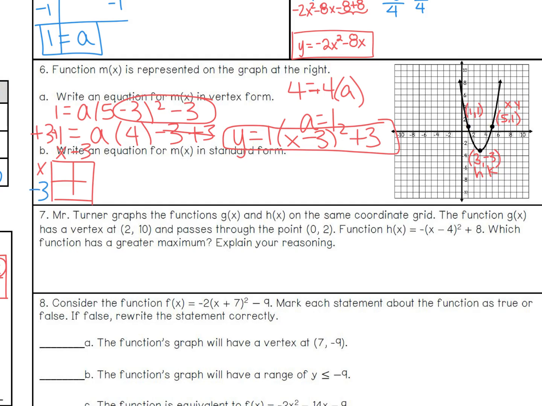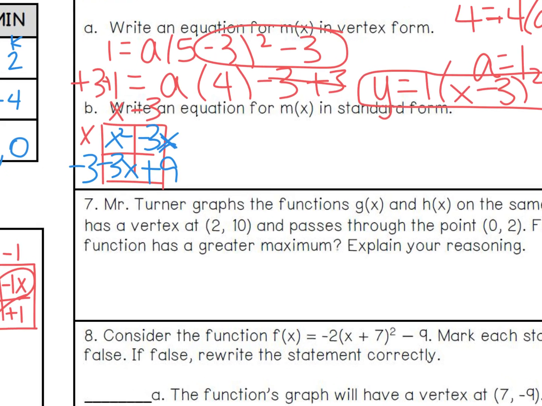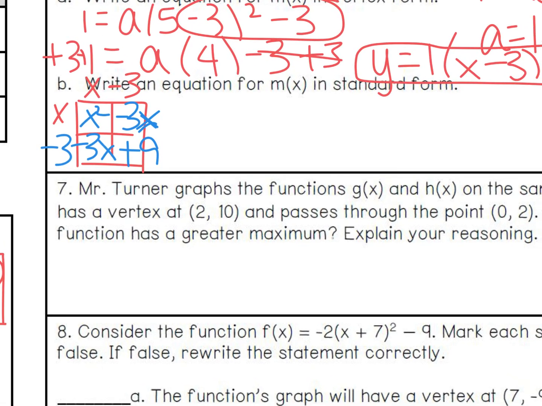Oh, I changed color on accident, sorry. X squared minus 3x plus 9. Plus 9. So I have y equals, I don't need to write this 1. My a was 1. It's not going to do anything. So we can just write x squared, negative 3x, and a negative 3x is a negative 6x plus 9.